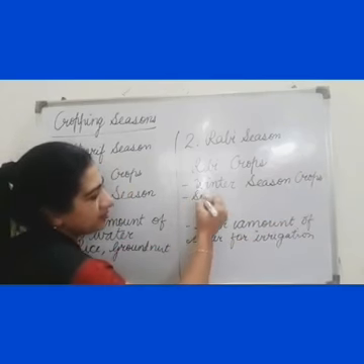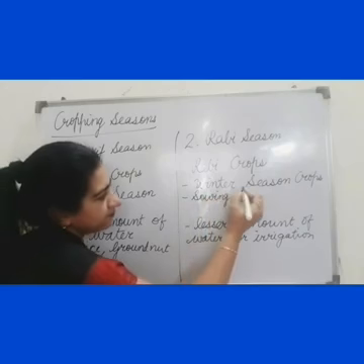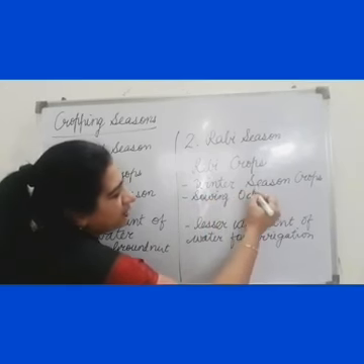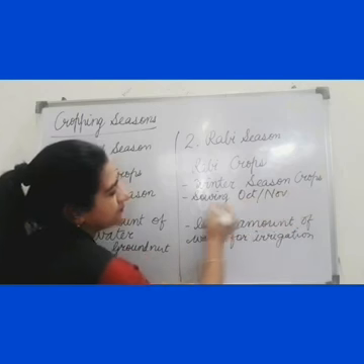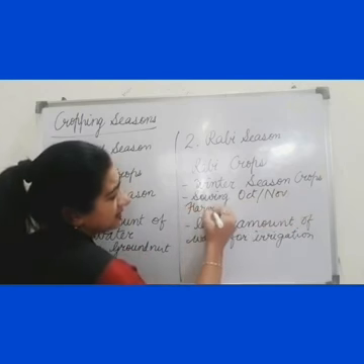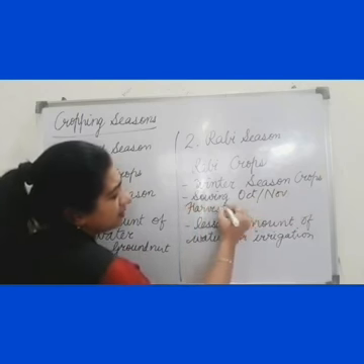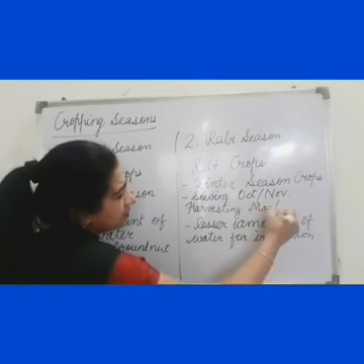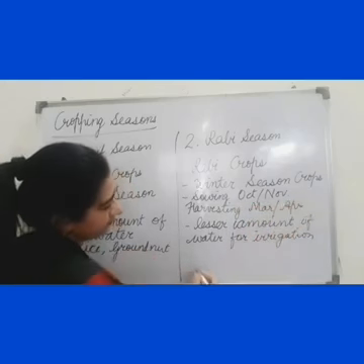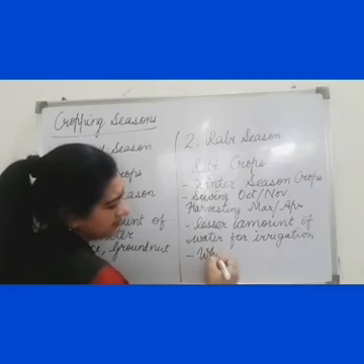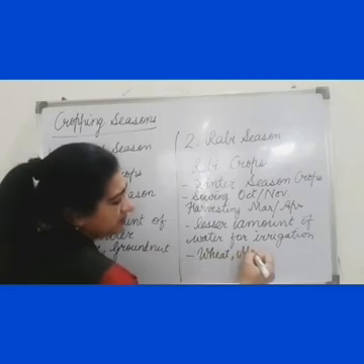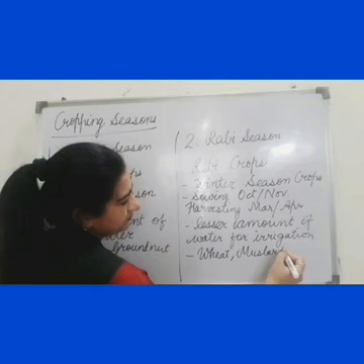Their sowing months are October, November, and harvesting is done in the months of March, April. Crops in this season are wheat, mustard, etc.